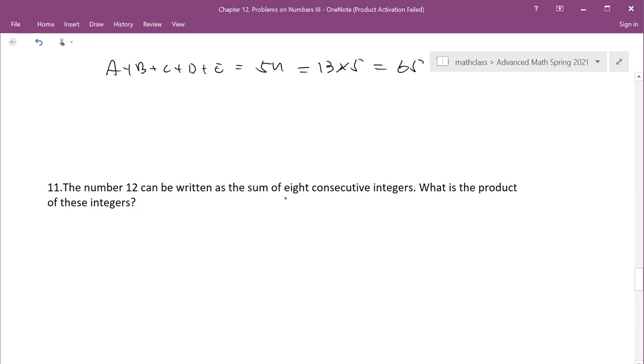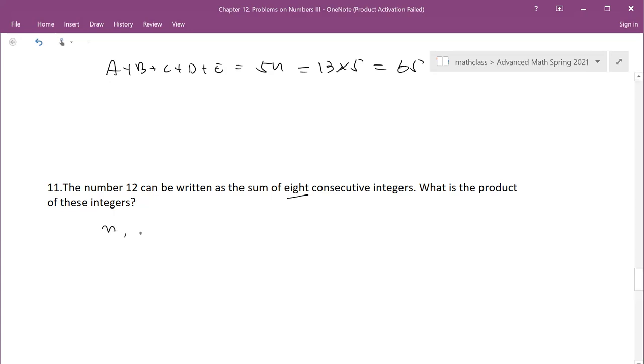Eight is an even number, so I don't know what is the best way to express them. You cannot say here's the middle one, then plus minus 1, plus minus 2, and plus minus 3. So you probably have to write beginning with the first one.